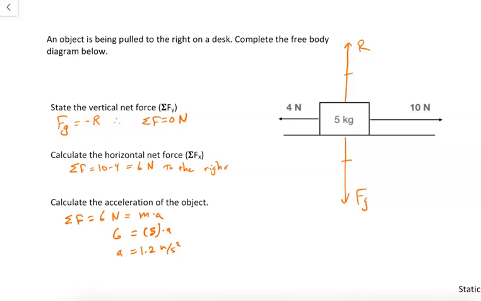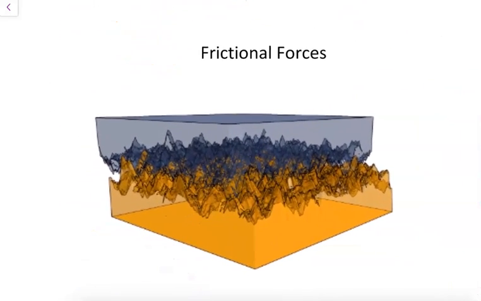All right, so this is going to come around constantly. Let's move forward though. Let's start talking about, for example, the frictional force, like the 4 newtons. So frictional force occurs due to the rough edges of any surface. Even though we like to say that some surfaces are really smooth, like my desk feels smooth compared to sandpaper, when I move my hand over the desk, I still feel the friction.